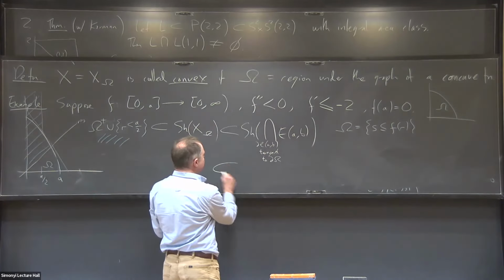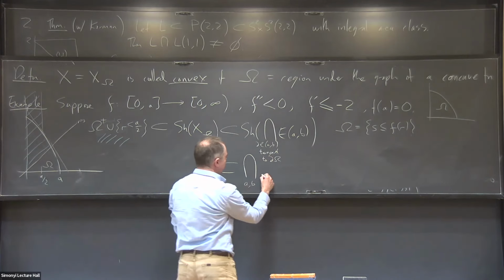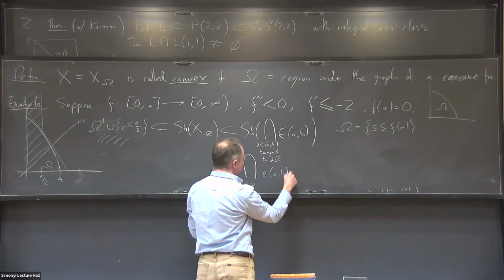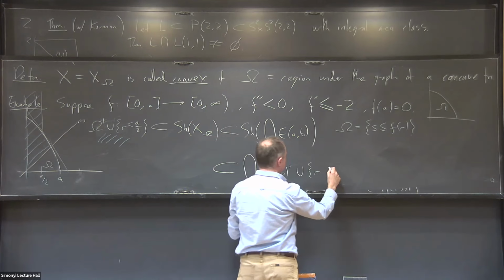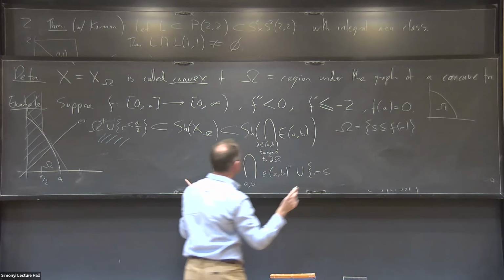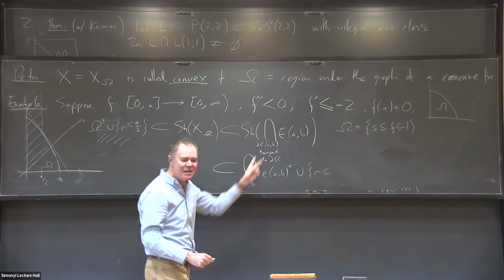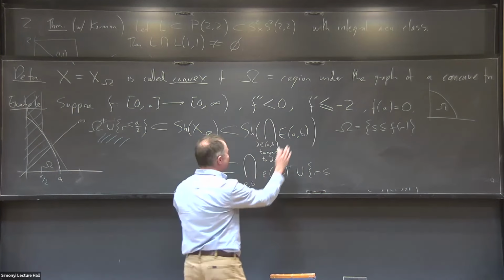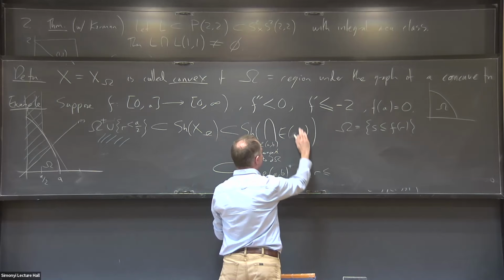So this is contained in the intersection over all those AB. The shape of this is exactly E_AB plus the union over r less than that. Unfortunately, I'm using the same letter for different things, so let's call these PQ.